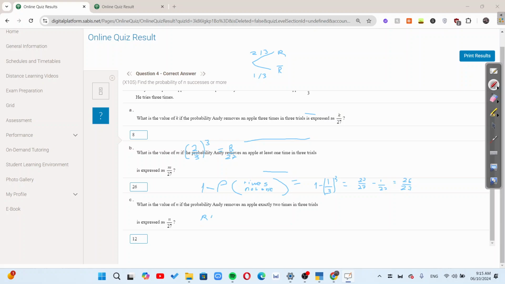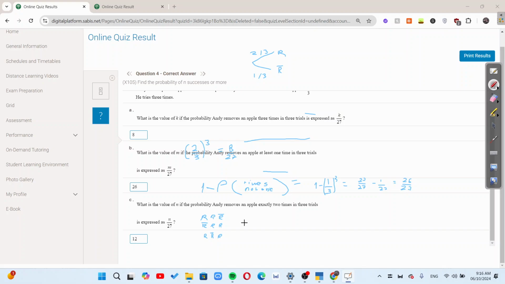So it's either he removes it, doesn't remove it, or he doesn't remove it, removes it, or that he removes it, doesn't remove it, and removes it. So these are your probabilities, that what they want.